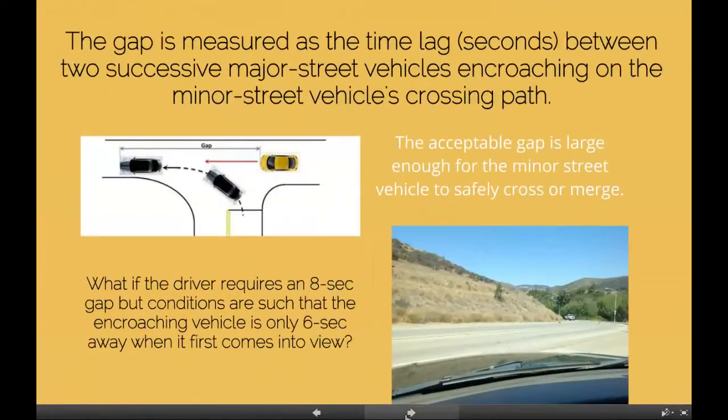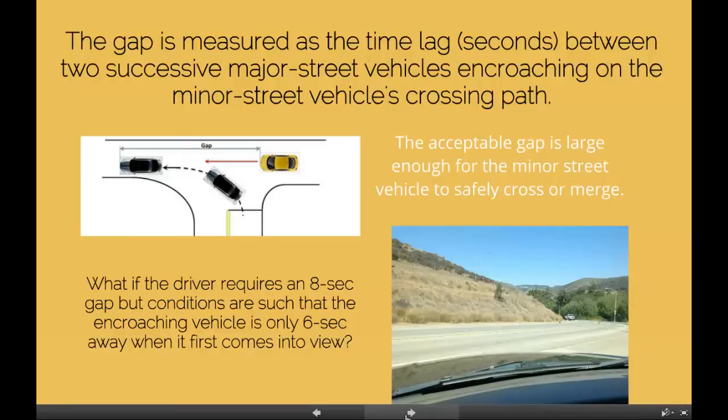Here's a useful definition of gap. The gap is measured in seconds as the time lag between two successive major street vehicles encroaching on the minor vehicle's crossing path. To be acceptable, the gap must be large enough for the minor street vehicle to safely cross or merge.